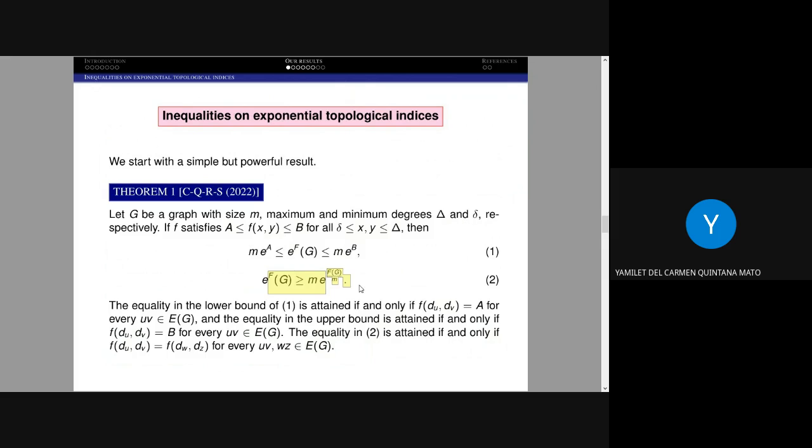This result seems simple, but in its proof, we use a powerful mathematical inequality, the Jensen inequality.